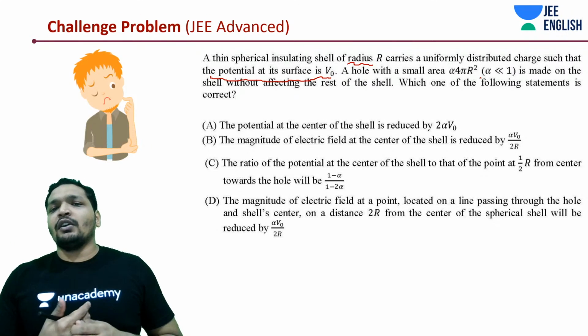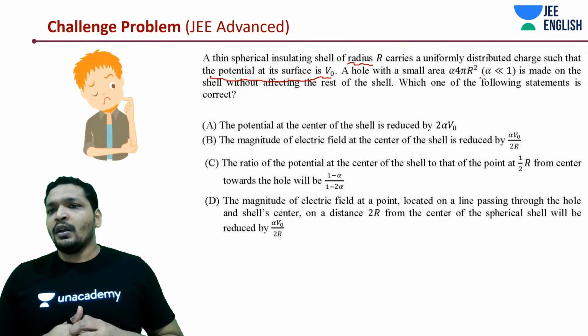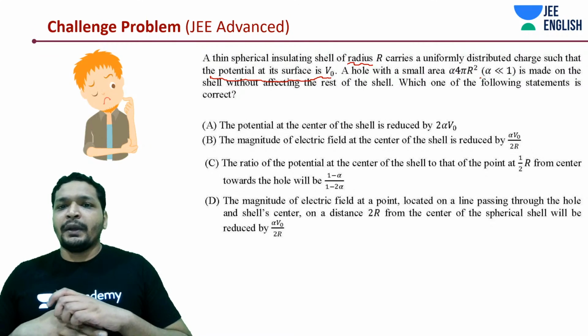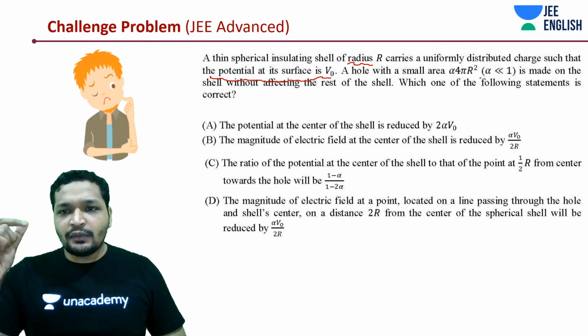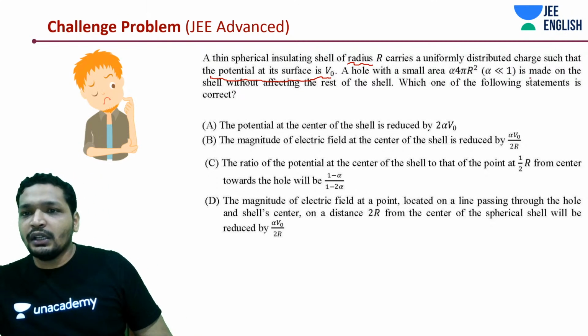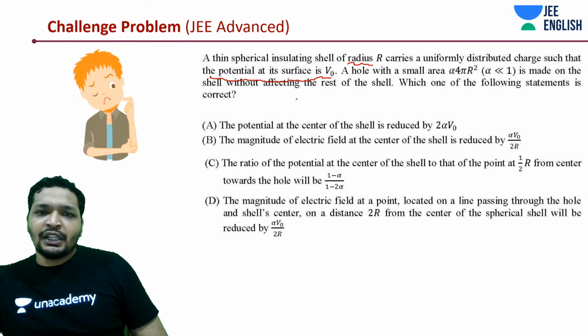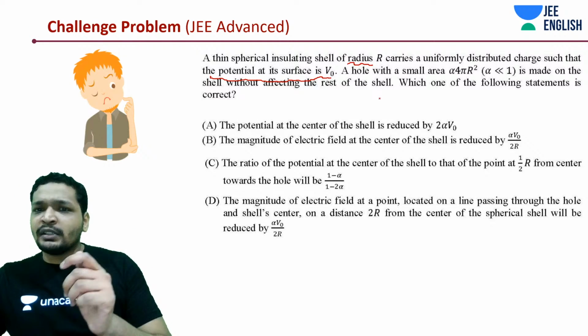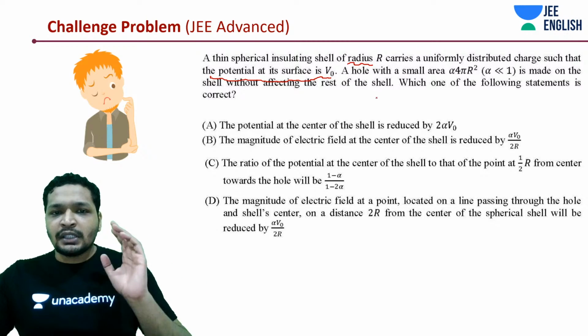You don't know where it has been taken out, probably at the corner. It is made without affecting the rest of the shell. If this hole is made, which of the following statements are true?